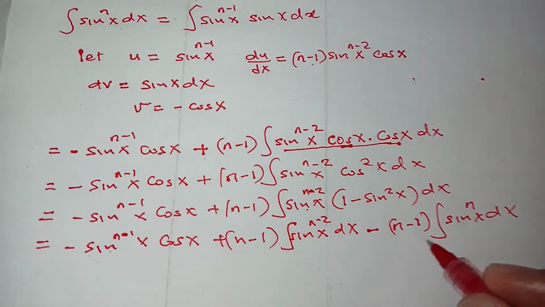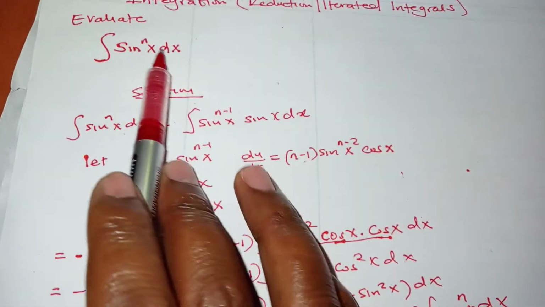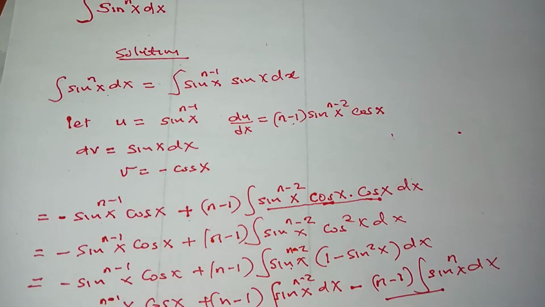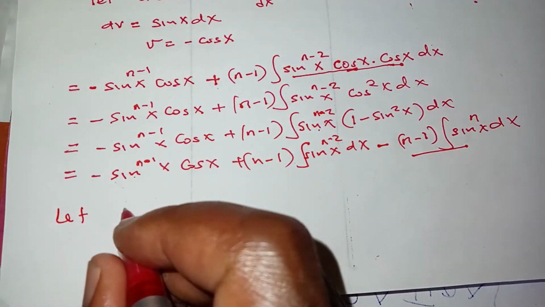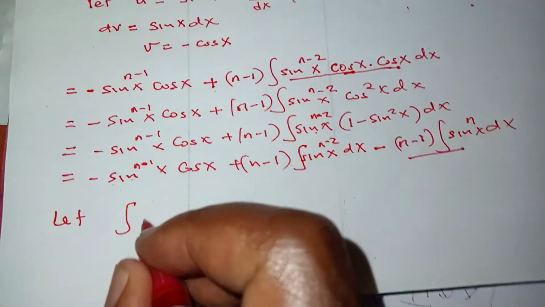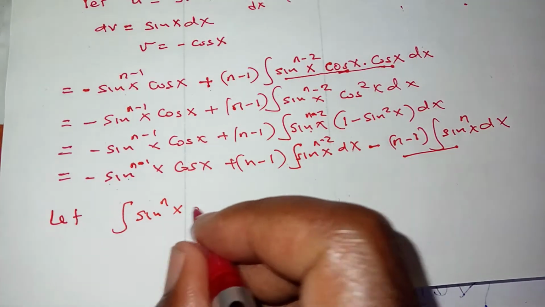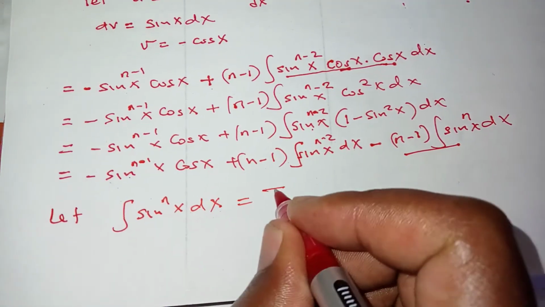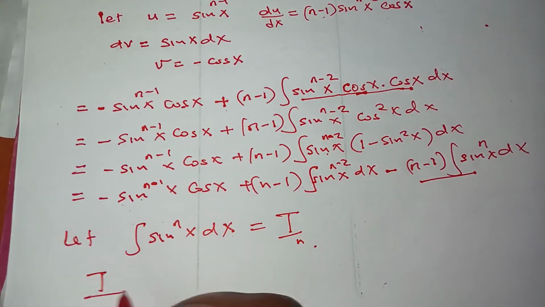And you notice that this part here is more or less like what we were given to integrate, so allow me to let the integral of sine of x to the power of n dx be equal to I sub n. Okay, so this is my I sub n.